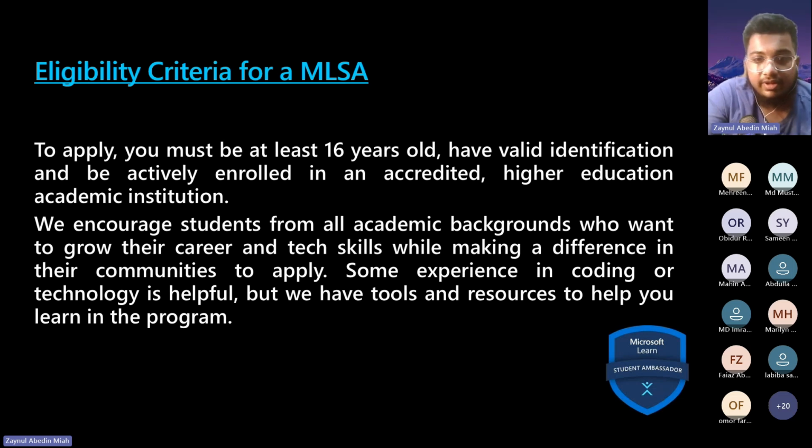Oh, Jarif has lowered his hand. I think from Bangladesh, only university students can apply for this program. Your university has to be accredited for the program. Then let's go to the next slide.